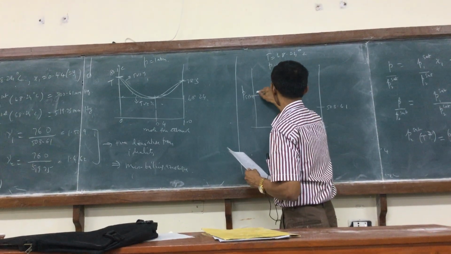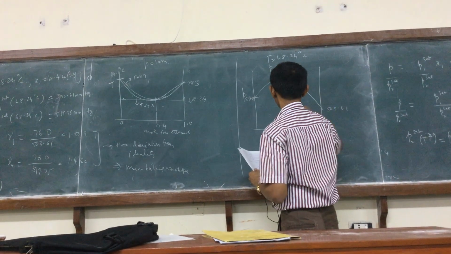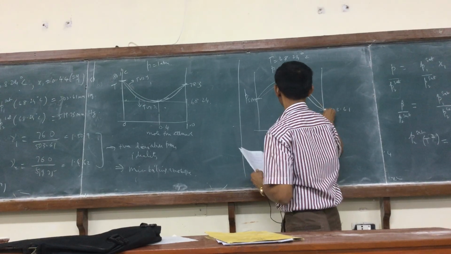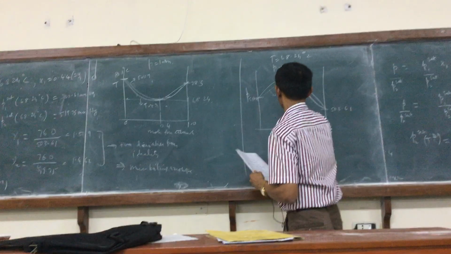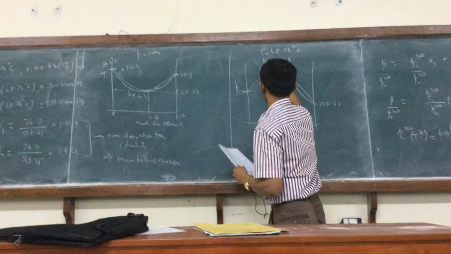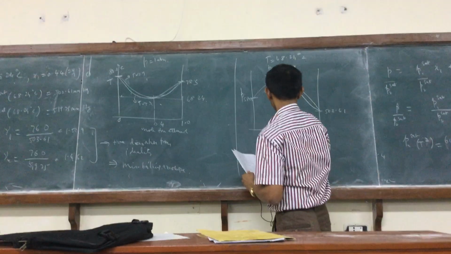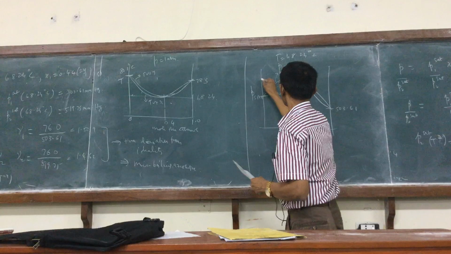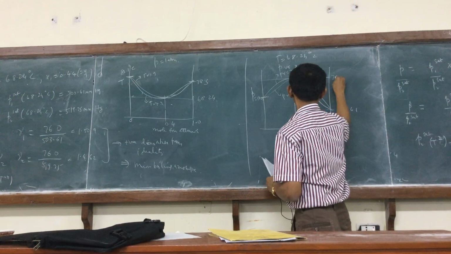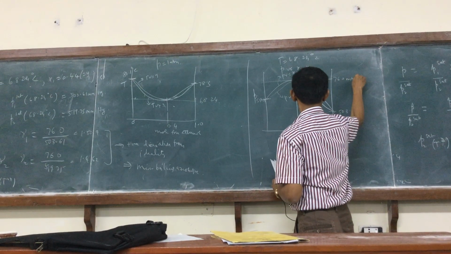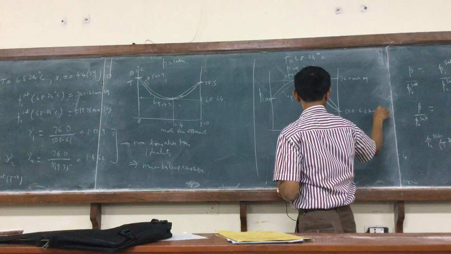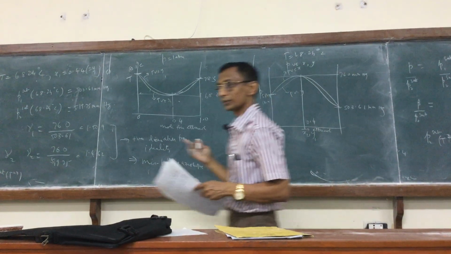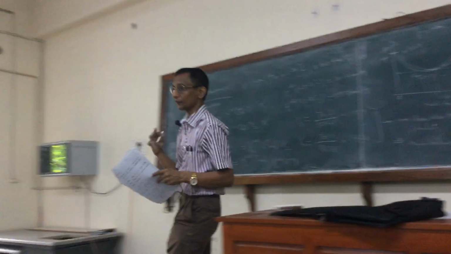So P versus X will have something like this, and the P versus Y will have maybe a form like this. And the azeotrope point will match perfectly. This is 0.4, and this would clearly be 760. So you can roughly construct these curves, how they are going to look qualitatively.